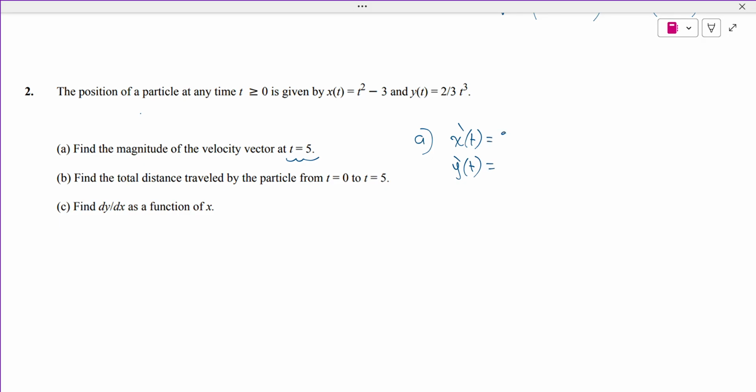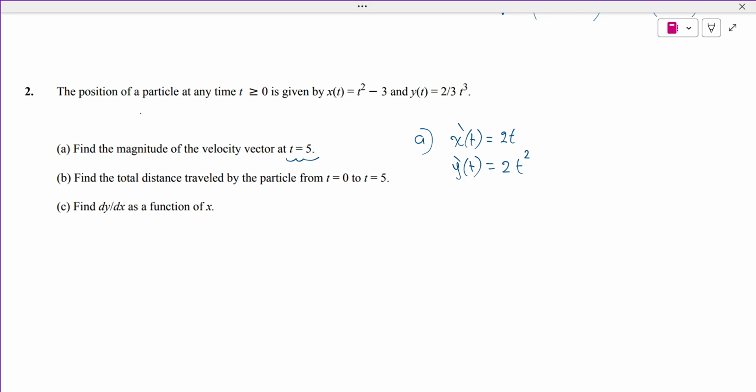So this is 2t, and y of t is 2 over 3 t cubed, so that would be 2t squared.